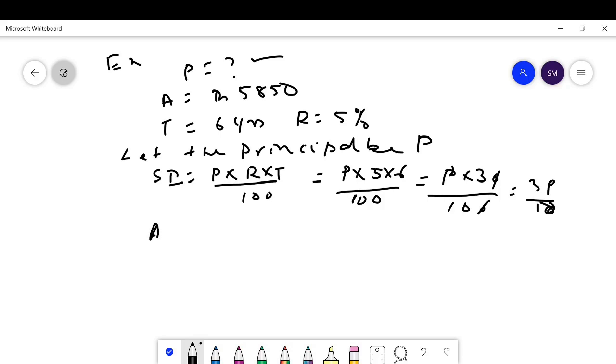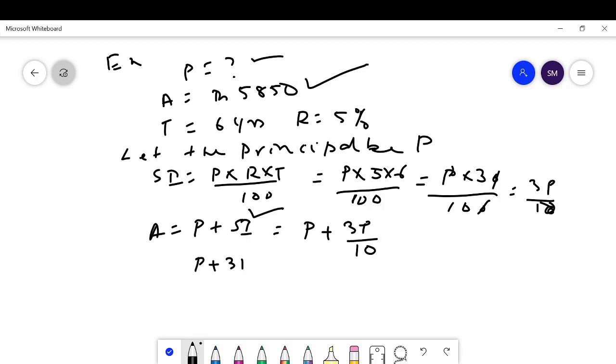Then you know amount is equal to principal plus SI. Amount is equal to principal plus, in place of SI we can write 3P upon 10. According to the question, amount is 5850, means P plus 3P upon 10 is equal to 5850.